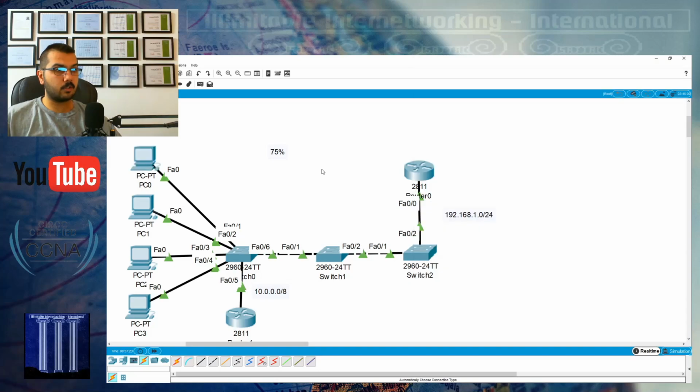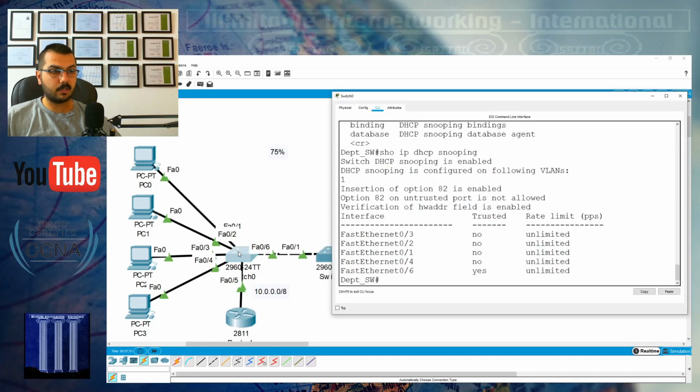So there is correct reachability between PC number 1, PC number 0, and this guy over here, because I can ping it. So why is the broadcast message failing? There is a broadcast going to this switch. What this switch will do is not send it to all those interfaces, only to this one. So it will be sent this way, and after that this way, and after that to this one, because I have trusted only FastEthernet 0/6.